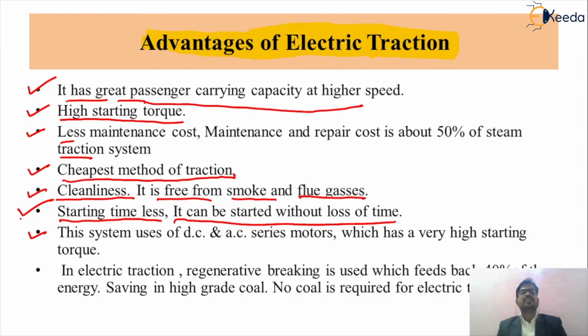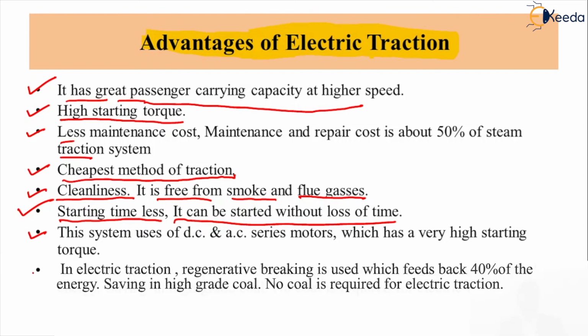So we can understand that in an electric traction system regenerative braking is possible. Due to regenerative braking, about 40% of the energy is fed back to the source. So there is a saving of electrical energy, and obviously in electric traction we cannot use coal or diesel as raw material. So that is one of the advantages of electric traction.